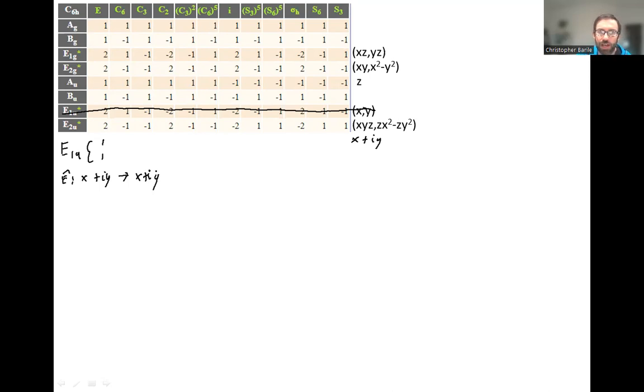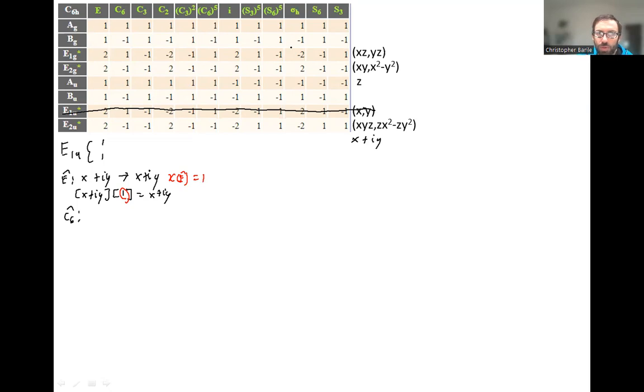So x plus iy goes to x plus iy. We would then have a 1-by-1 matrix that describes this transformation, which is just a value of 1, like what we always do. And then we would take the trace across that matrix and we get a value of 1. So we would get that chi of identity is equal to 1. And that's why we have a 1 here. We already have that one marked down. Let's do a C6.